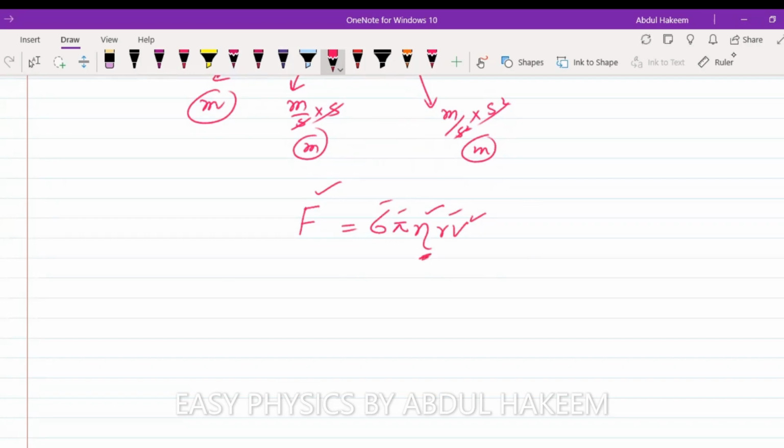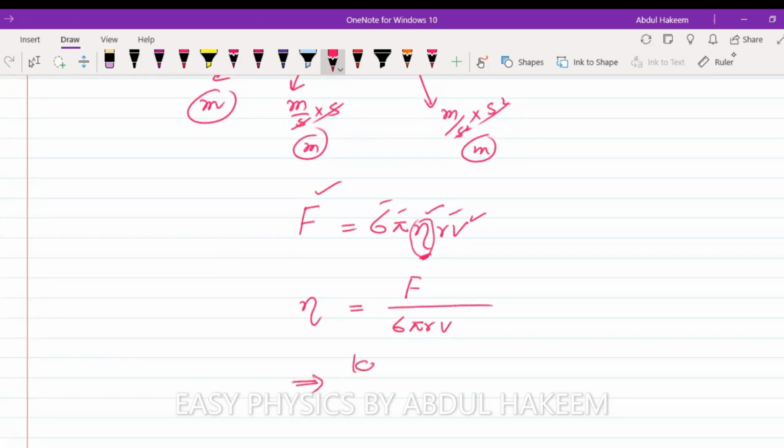But suppose this eta is not clear. It's an unknown physical quantity. So we have to determine the unit of the eta. So we first make this the subject of the equation. Eta is equal to F divided by 6 pi RV.